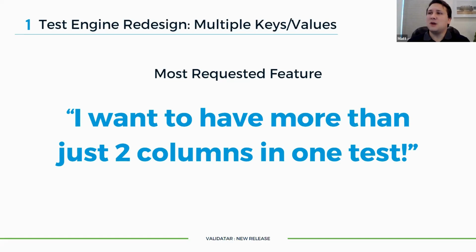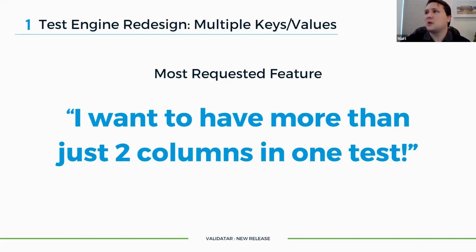And that limits you to, again, one value or two columns. This is no longer the case in Validator. You can now have as many columns as you want in one test. You can have multiple ones playing the key role, and you can have multiple ones playing the value role. So you'll see that when we dive in.